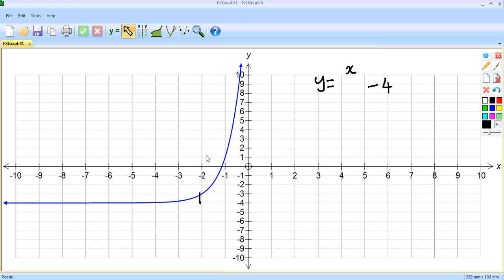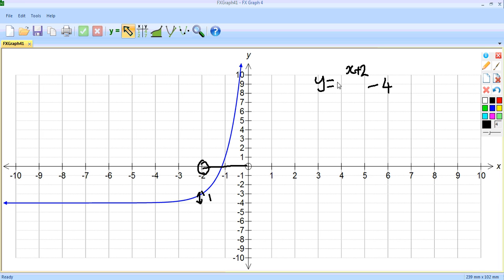That tells you how far along this way you have moved. As you can see there, we have moved 2 units to the left, which means that this up here must be +2.